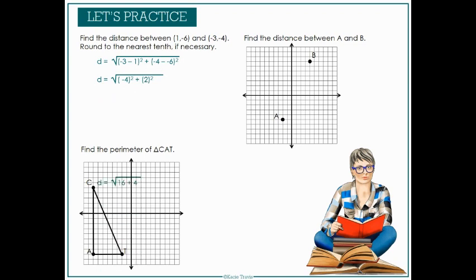I start expanding it. I got 16 from -4 squared. I have 4 from 2 squared. I then add those two together. It gives me a 20. And then I take the square root of that stuff and get me a 4.5. Now, I stuck with 0.5 because they want us to round to the nearest tenth.